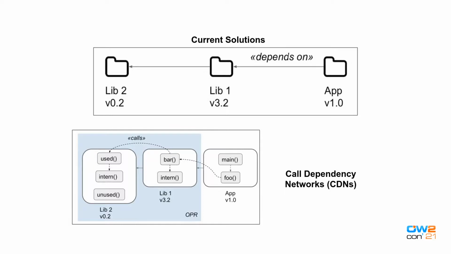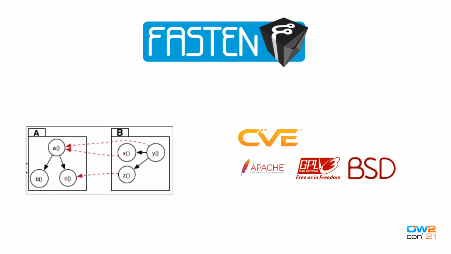But generating the call graph is actually only the first step in the processing of the application and library code by FASTEN. Once the call graph of the application and all its dependencies is generated, FASTEN will need to enrich this call graph with extra metadata, such as the known vulnerabilities on each individual function, and also licensing information, quality metrics for the code, and so on.